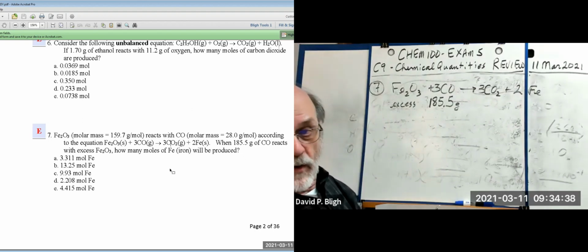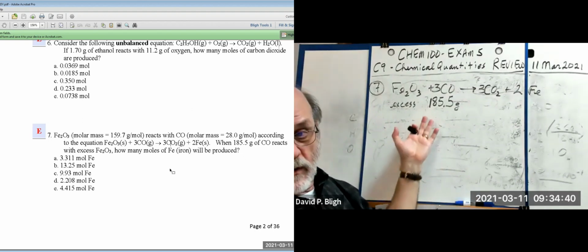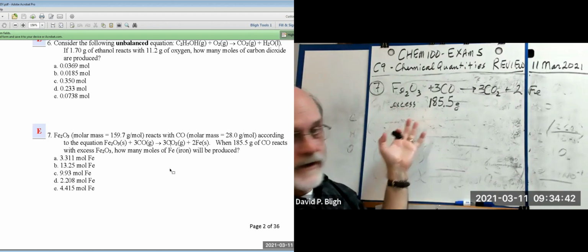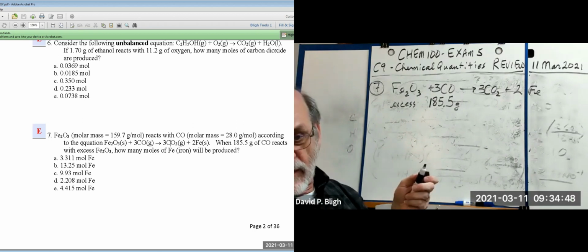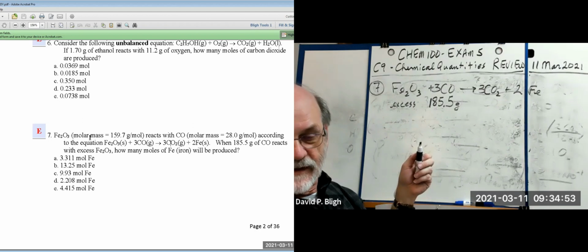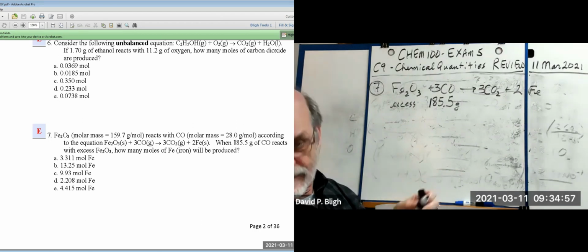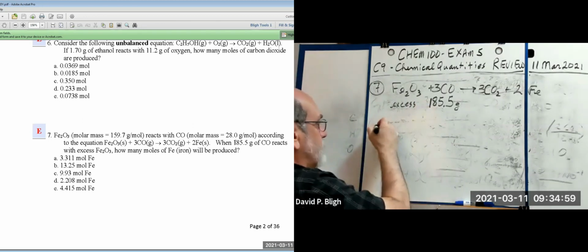Okay. So we can't go anywhere with mass. We have to have moles. So we need carbon monoxide. And actually, they gave us the molar mass of Fe2O3, but we don't need it. What we need is the molar mass of CO, which is 28. All right, that is useful.